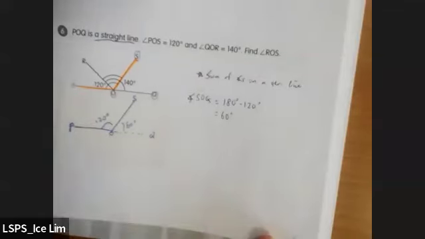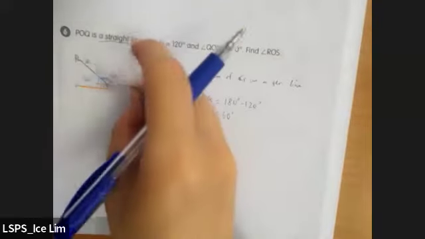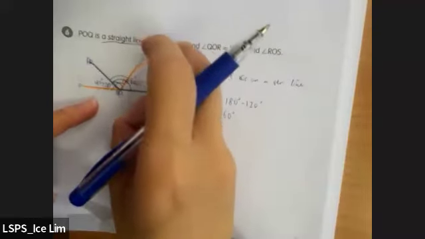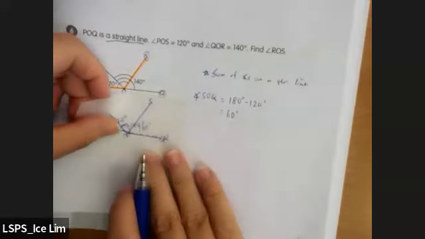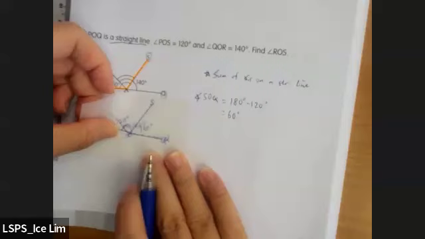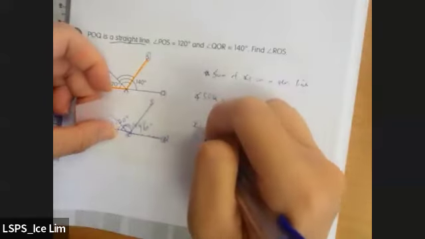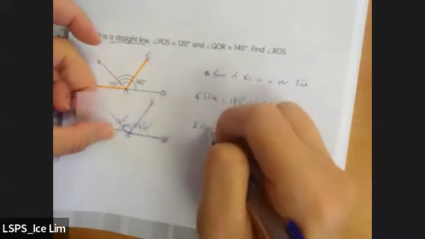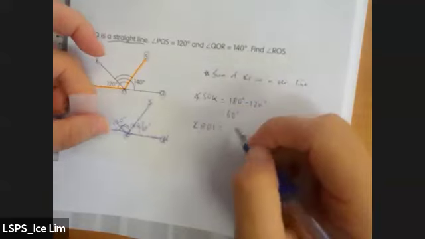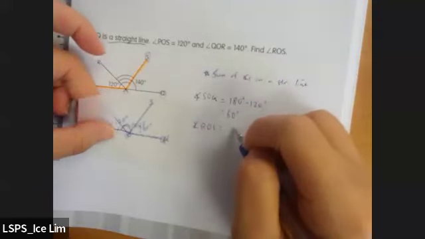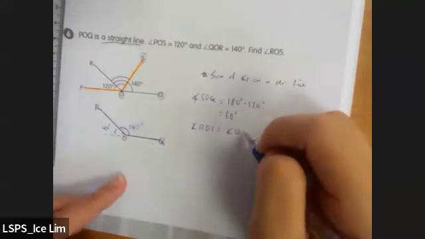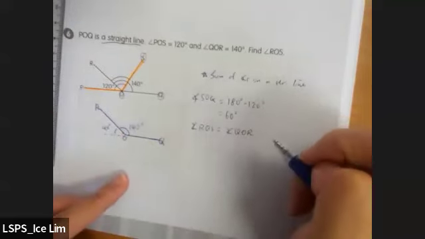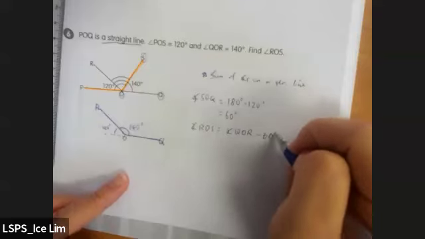Then I take ROQ, which was the part here, and I minus away the 60 that was here. Angle ROS will be equal to angle ROQ, or QOR, minus the 60 degrees.